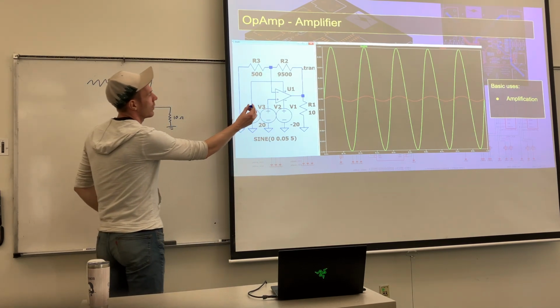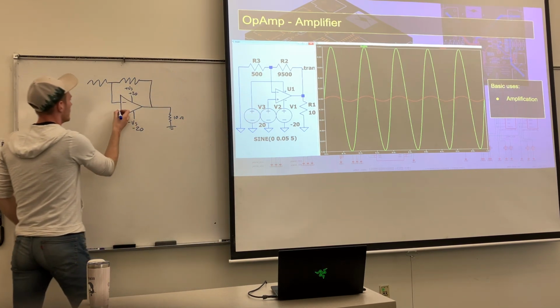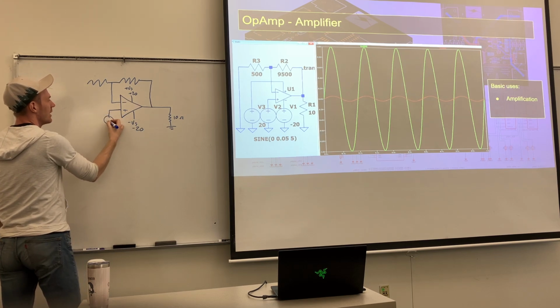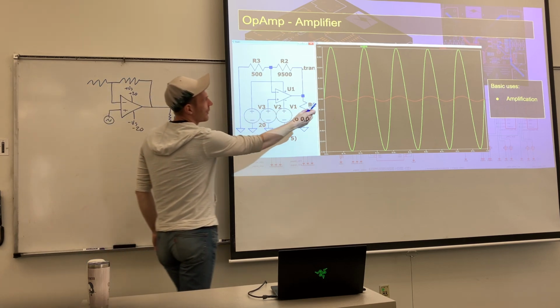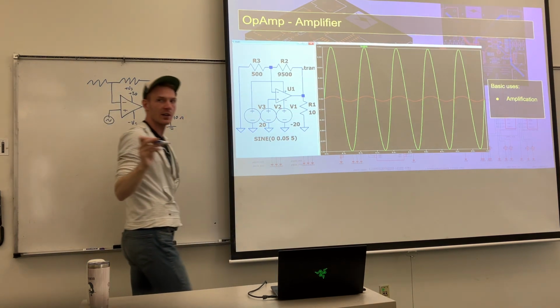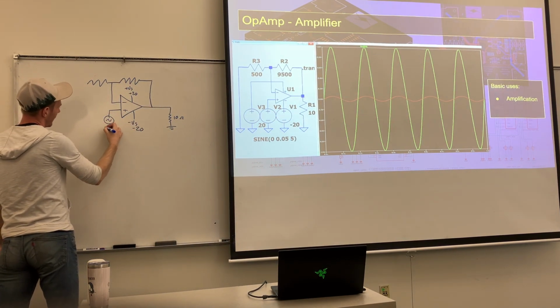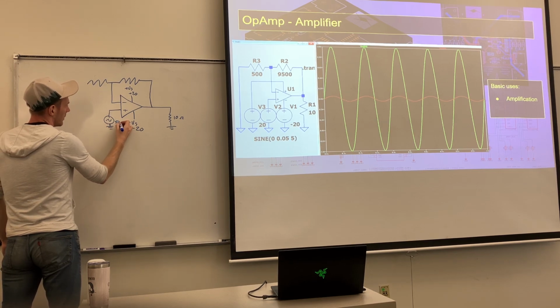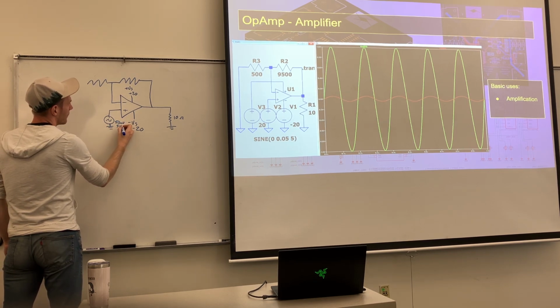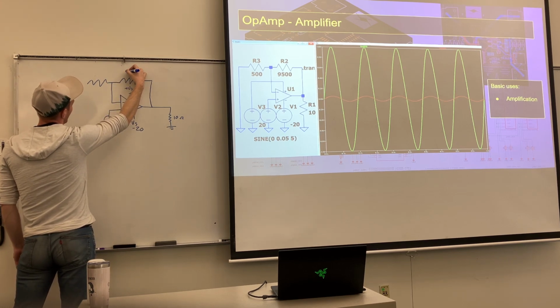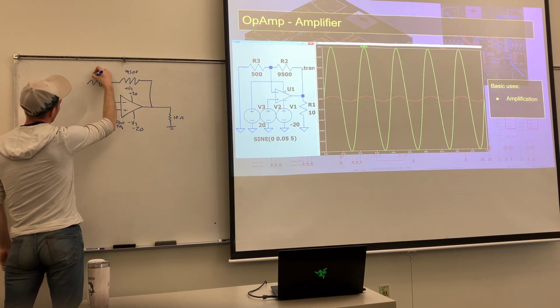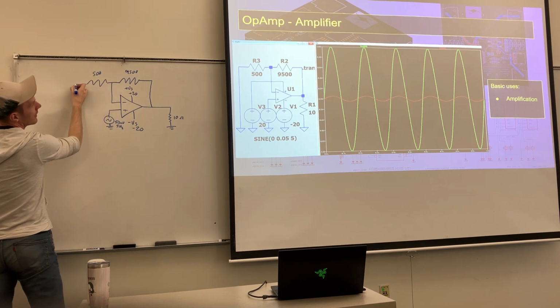But we are taking the same signal, same AC wave. The AC wave is the red one on here. Again, 50 millivolts, 5 hertz. And we have these two resistors, 95 and 5.